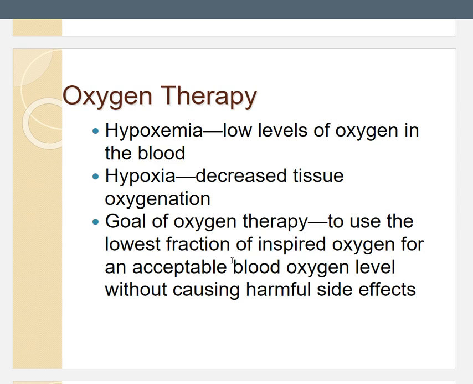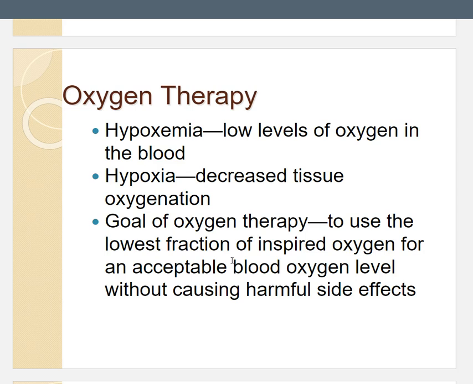So this is a very serious situation, and we then have to look at the pathology of our patients as to why their PaO2s are low and why we need to implement oxygen therapy, and really what's the best therapy for this patient to prevent those harmful side effects from happening.